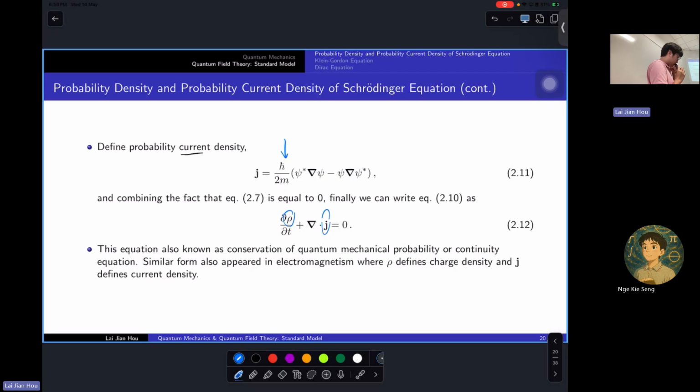So J is just some current density. For all current density, can you express it in this form?